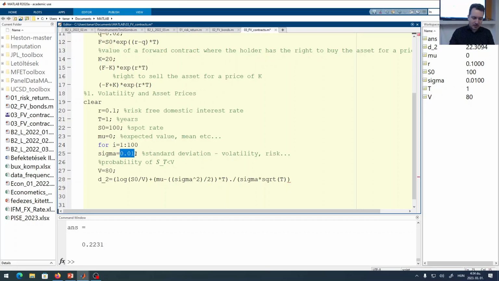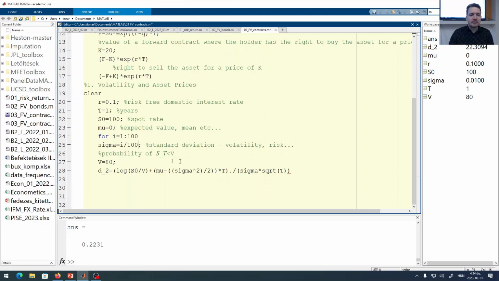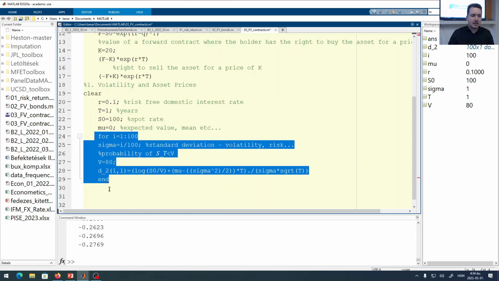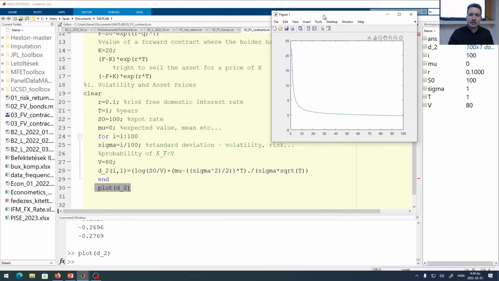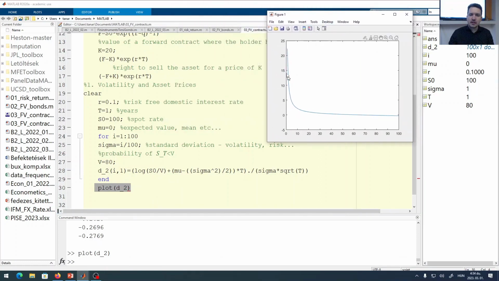So I divide it by 100, and so once we are able to increase this one, this d value starts to shrink away.